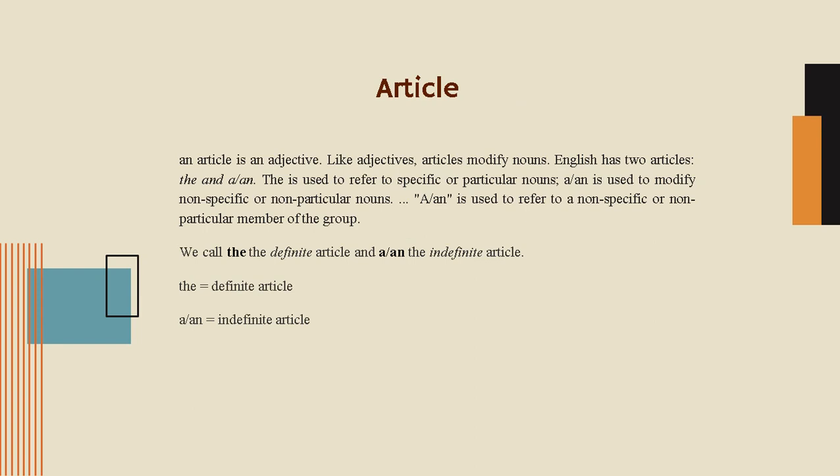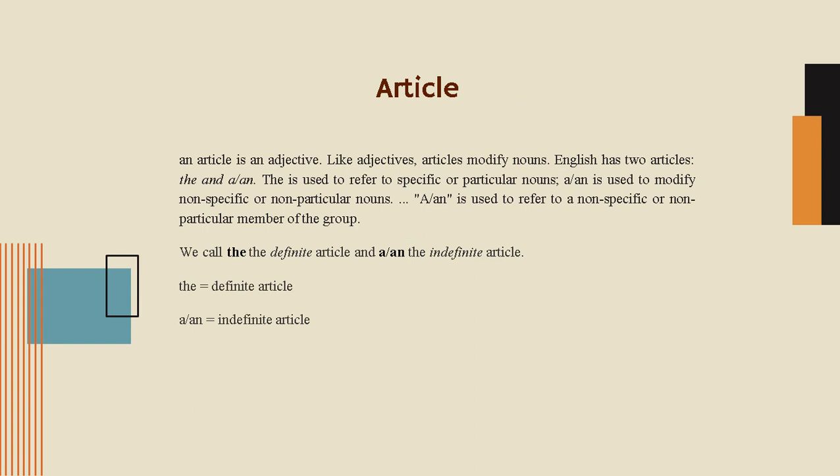We call the a definite article, and a or an an indefinite article. For example, if I say, let's read the book, I mean a specific book. If I say, let's read a book, I mean any book rather than a specific book.